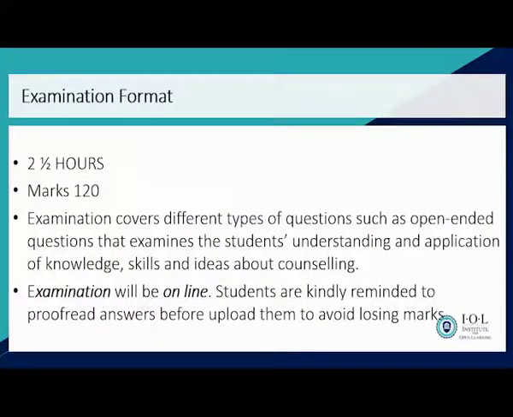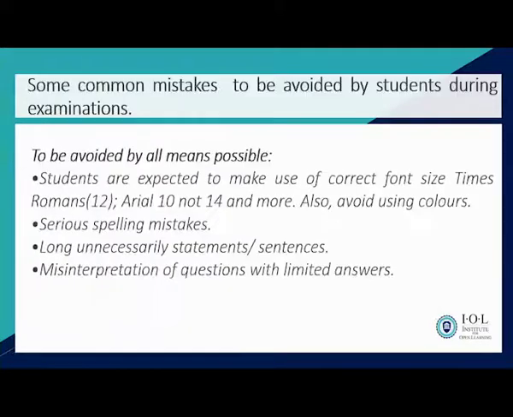The examination covers different types of questions, such as open-ended questions that examine the students' understanding and application of knowledge, skills, and ideas about counseling. The examination will be online unless things change otherwise. Students are kindly reminded to proofread answers before uploading them to avoid losing marks.